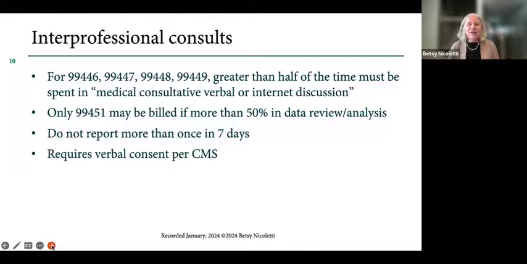I think we can include documentation in the internet discussion, but I'm not sure. It could be just messaging. Only 99451 may be used if more than 50% is in data review and analysis, and that's only a 5-minute code. We're not allowed to report these more than once in a 7-day period. And of course, we need verbal consent.